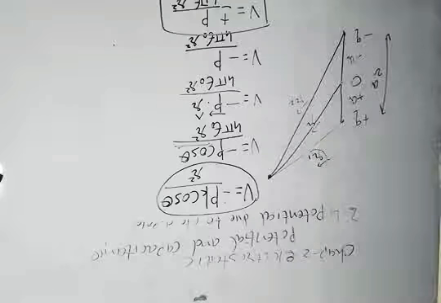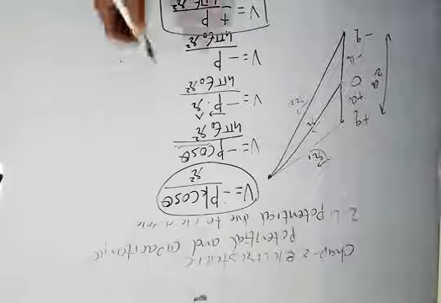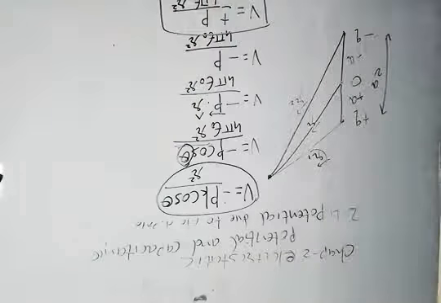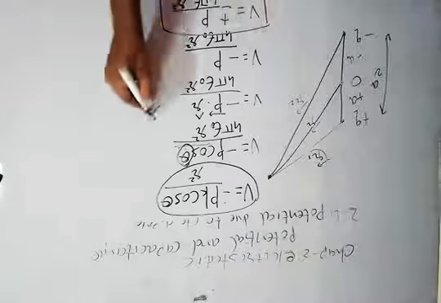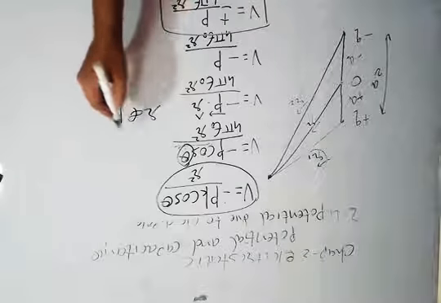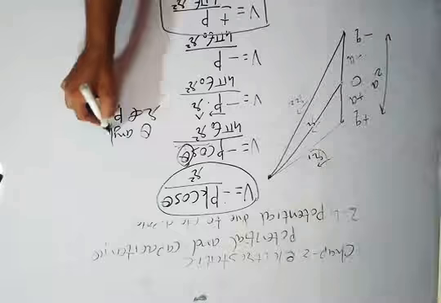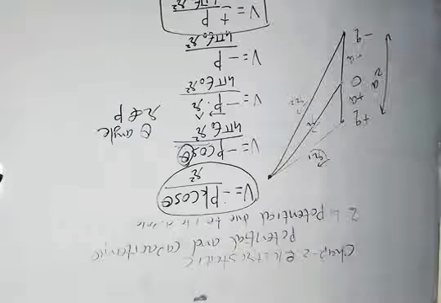Clear? Now here we have to give importance to two points. First, V totally depends upon the theta angle, where theta is the angle between r and p. Clear? So theta is the angle between r and p.